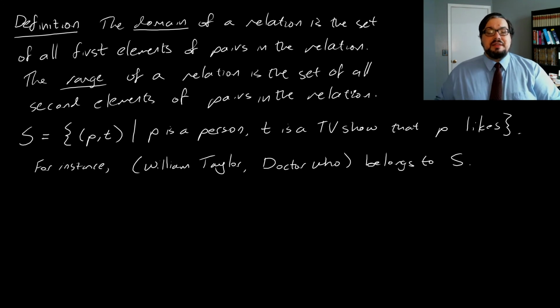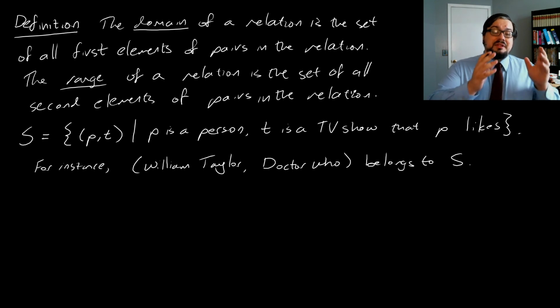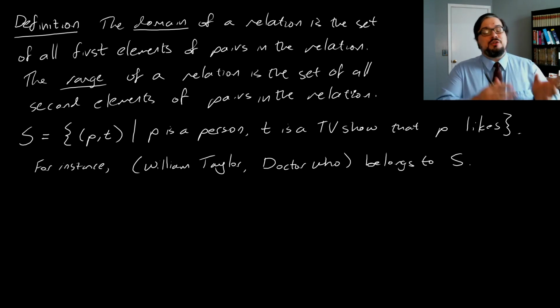And so that means that the pair PT, where P is me, William Taylor, and T is Doctor Who, satisfies the conditions for being in the relation S, because the first element is a person who likes the second element, which is a TV show.